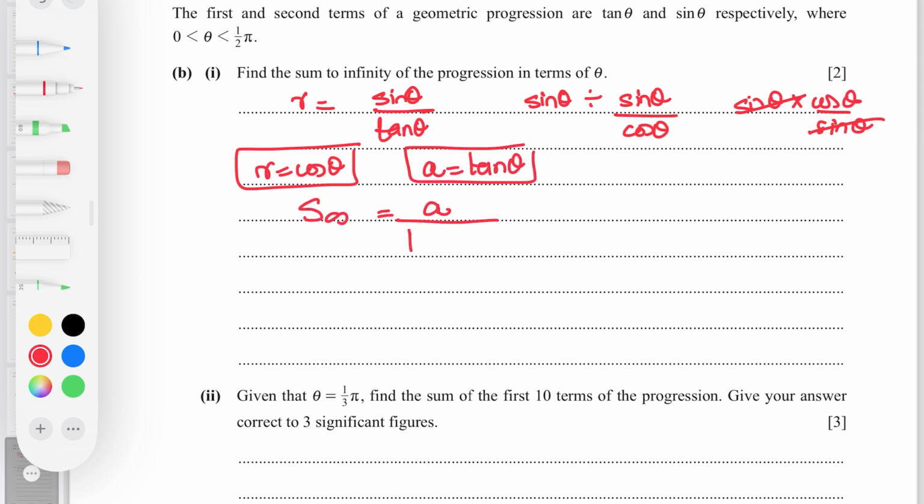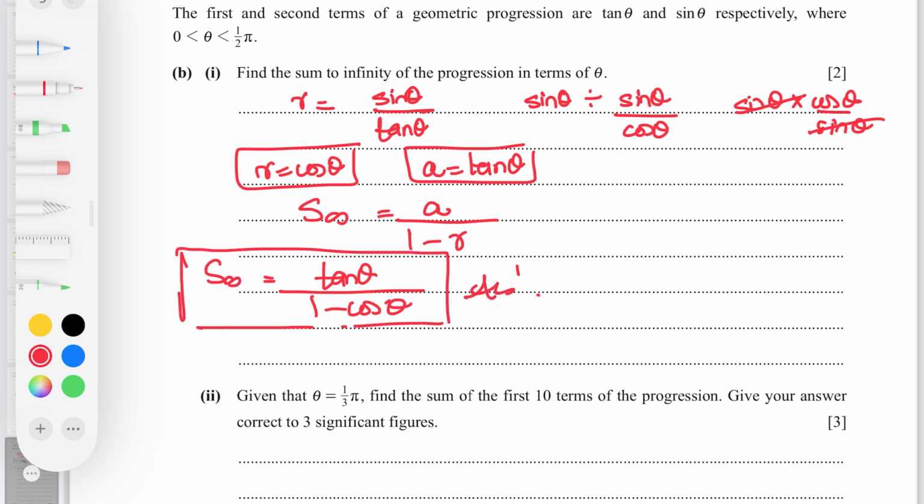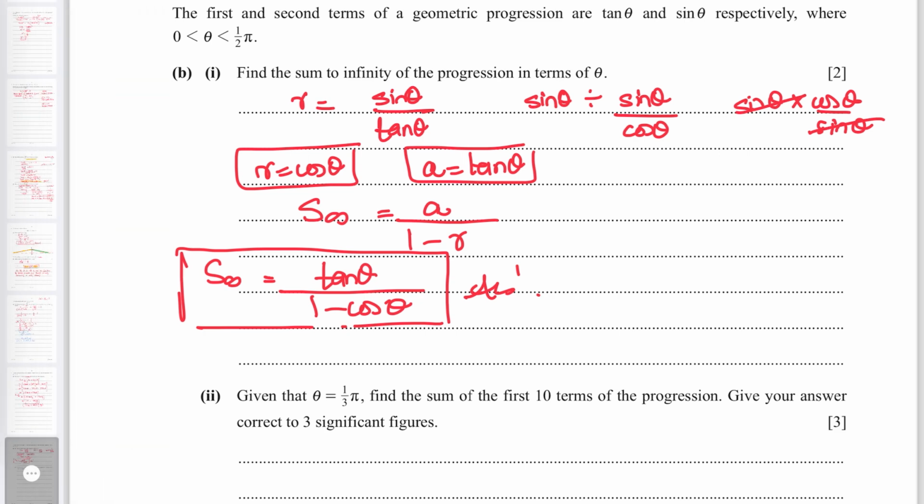A upon 1 minus r. That's it. Given that theta is pi by 3, find the sum of the first 10 terms of the progression. Give your answer correct to 3 significant figures.